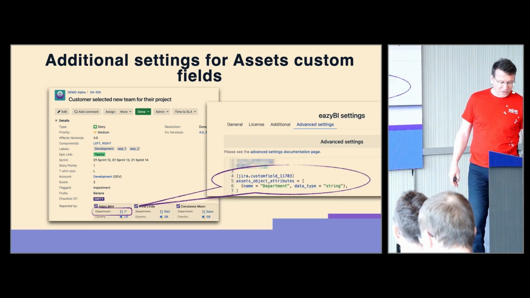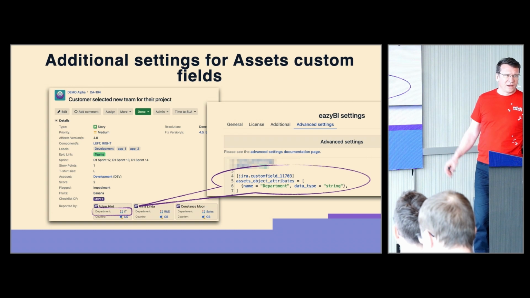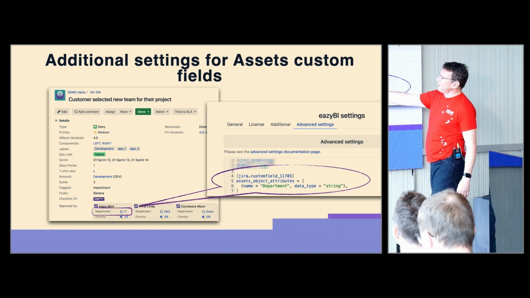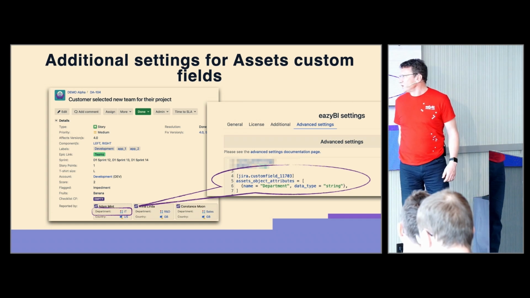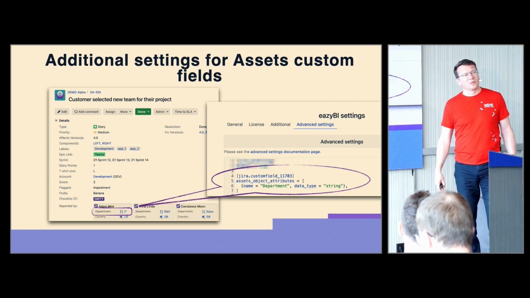That's exactly what is possible. But you will need to add a couple of lines to the advanced settings, where you define that this custom field will be an assets object and will have additional attributes, or in eazyBI, additional properties.